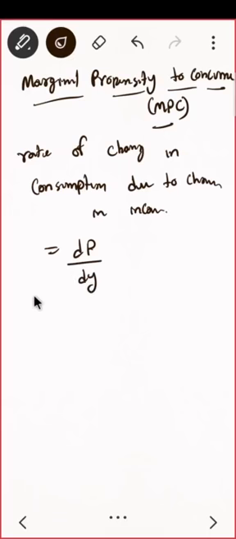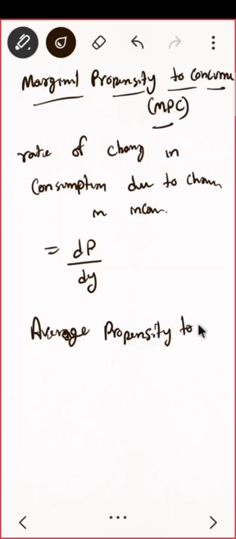So what will average be? Average propensity to consume, that is denoted by APC.